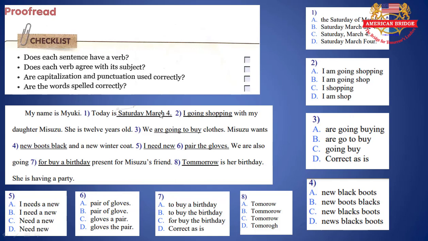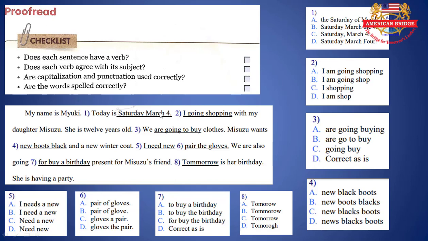Miss Sushu want new boot black and a new winter coat. I need new pair of clothes. We are also going for buy a birthday present for Miss Sushu friend. Tomorrow is her birthday. She's is having a party.